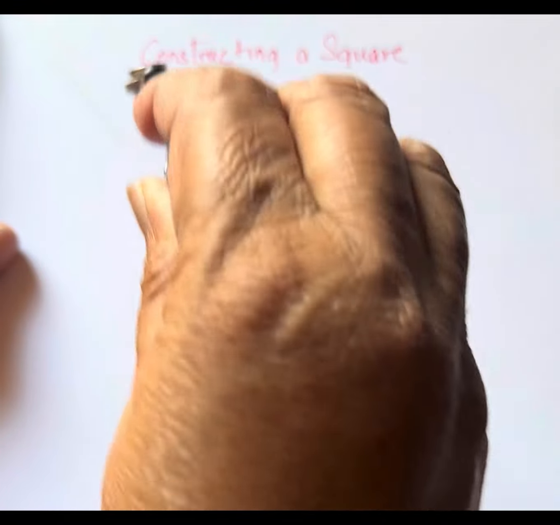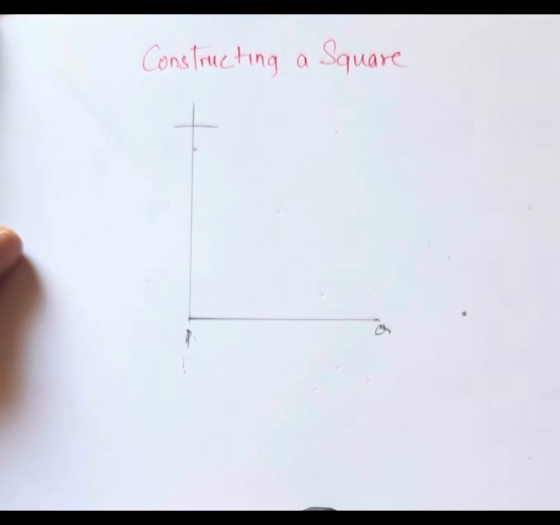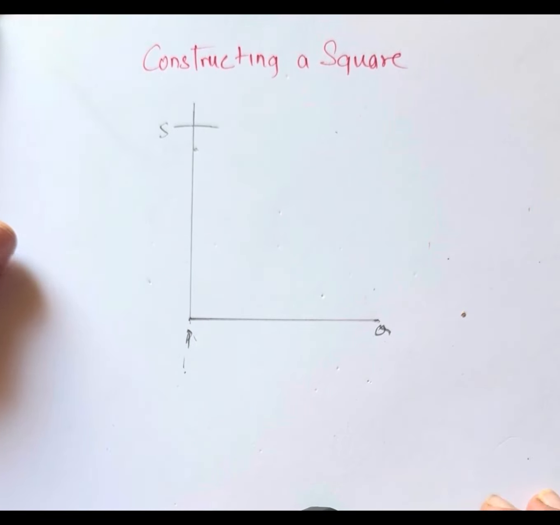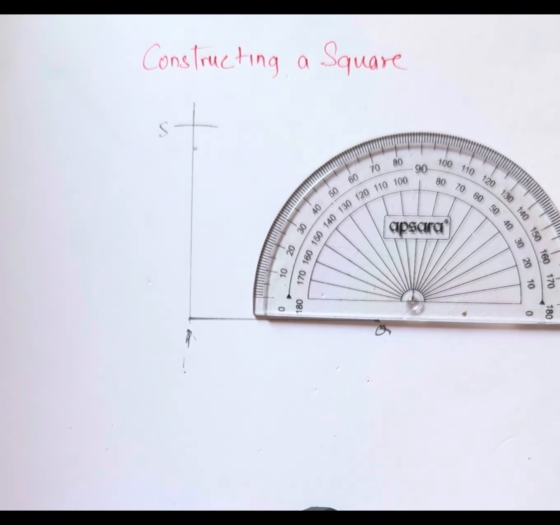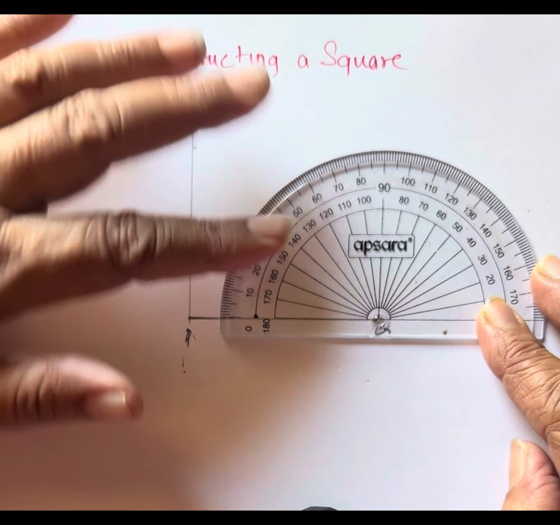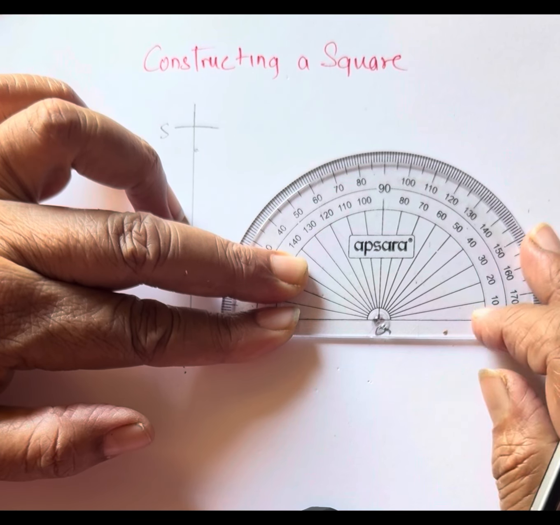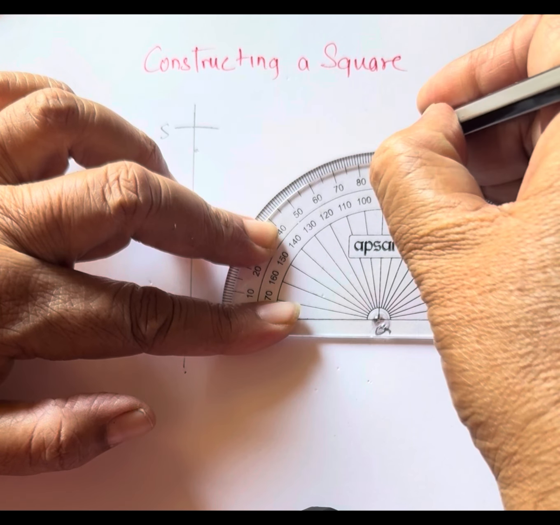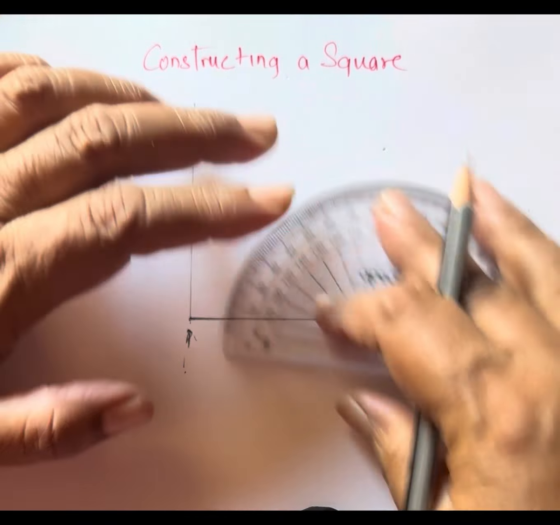This we have measured 6 centimeter, so if we cut an arc, PS will automatically be 6 centimeter. Now we construct 90 degree at Q. So again we take Q as a center and mark a point here at 90 degree.